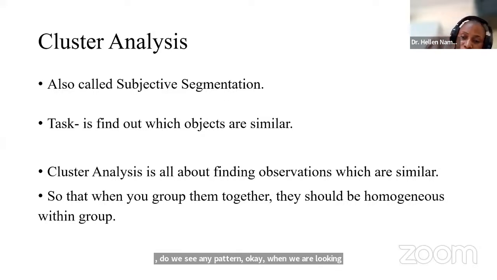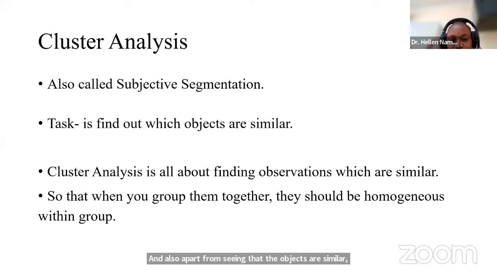As we proceed, at the back of your mind, keep in mind that we want to see if we can find objects or patterns that are similar, because we are saying that cluster analysis is a subjective segmentation.